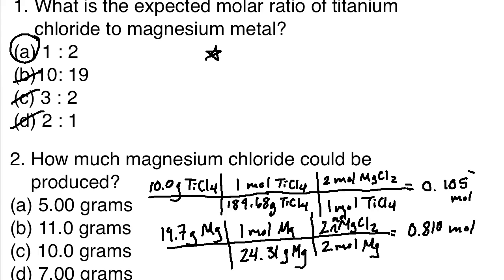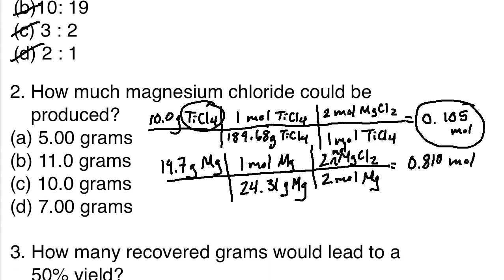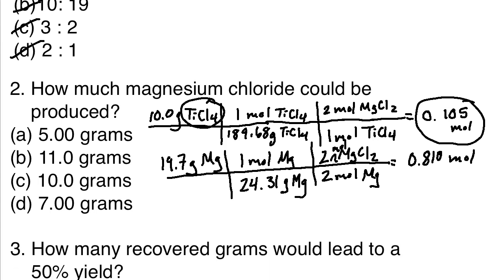So right here, the lesser amount is the limiting reactant. So we now know that the titanium chloride is the limiting reactant here. So what I'm going to do is take the theoretical number of moles of the magnesium chloride, and multiply that by the molar mass here, right?